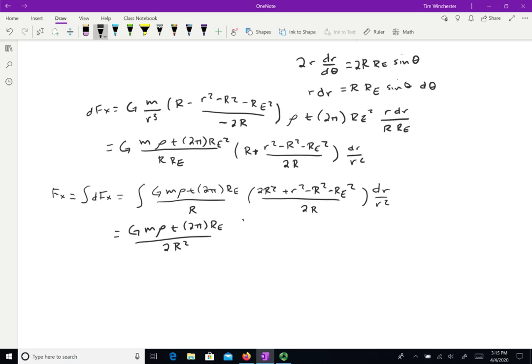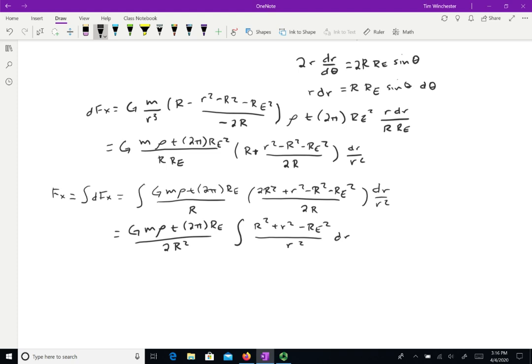And then the integral, well, I have 2 capital R squared minus r squared, so I can combine those. So, big R squared plus little r squared minus R_E squared over little r squared dr.